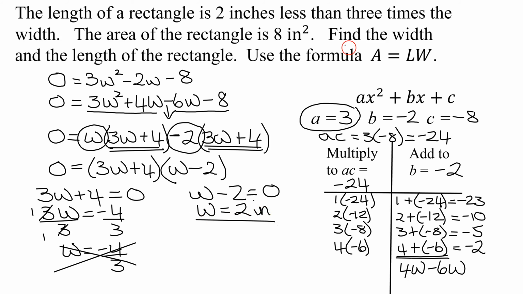Now, is that all we're asked to find? We need to find the width and the length. So the length on our other slide, remember length was 3W minus 2. And so the length is 3 times W, which is 2, minus 2. Sorry, I'm running out of room. 3 times 2 is 6. 6 minus 2 is 4 inches.